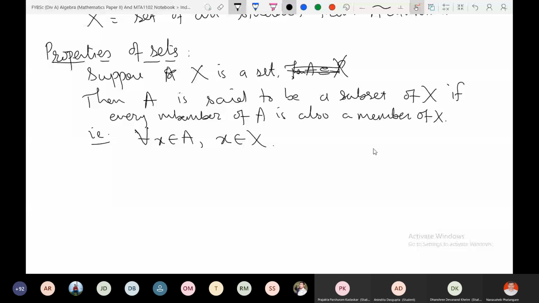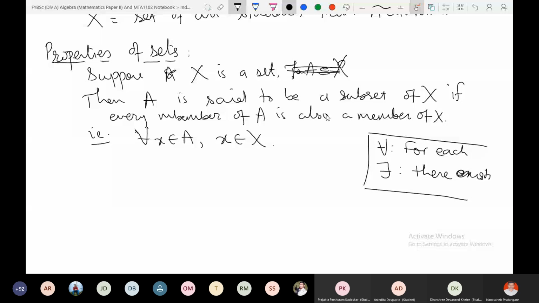All of you understand the meaning of this: for each, there exists. So there should not be confusion about this notation. I think I have already told you about these notations, right?